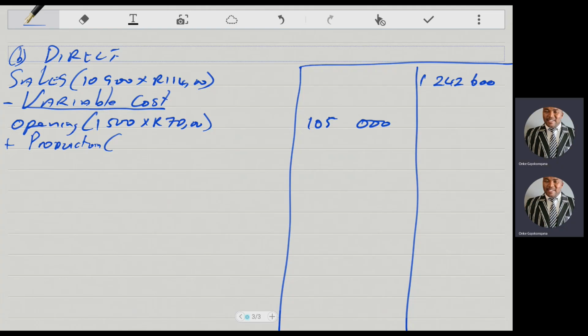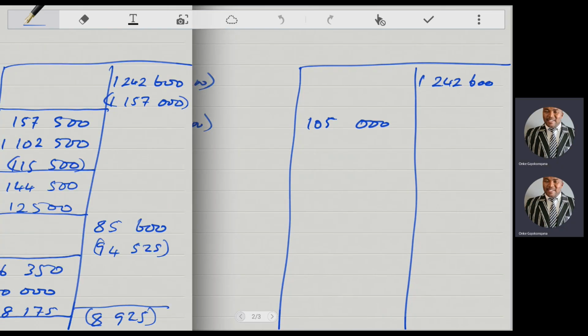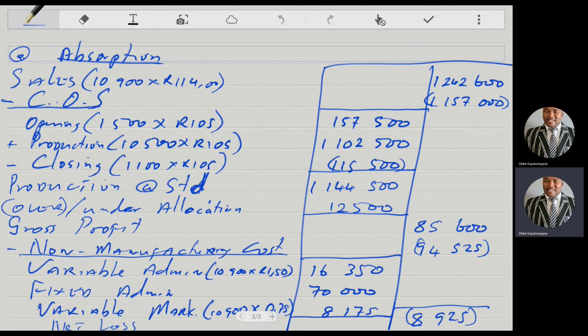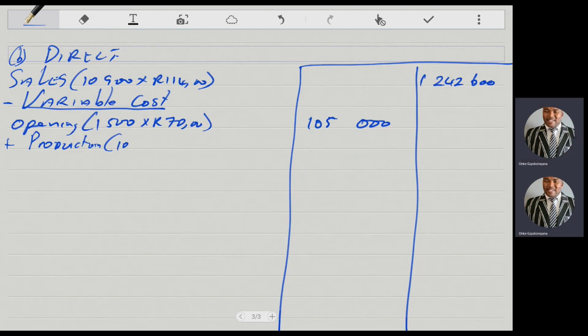We've got our production sitting at how many units? 10,500, times 70 rands. It gave us 735, so that's 735,000.